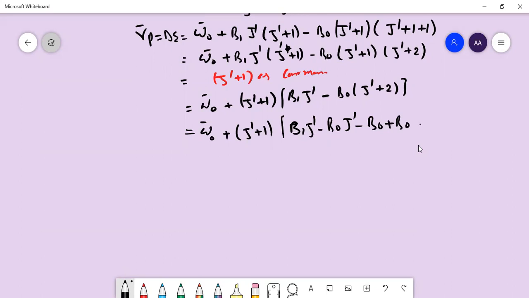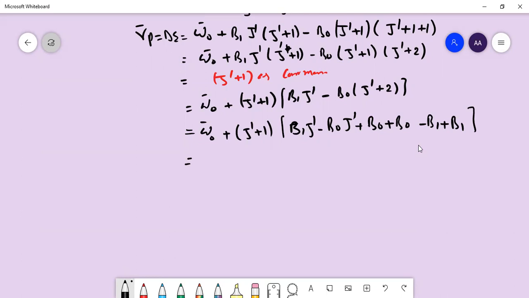Then I will write minus B1 plus B1. So B1 and B1 will cancel each other, so it will not affect much on our result or on our equation.